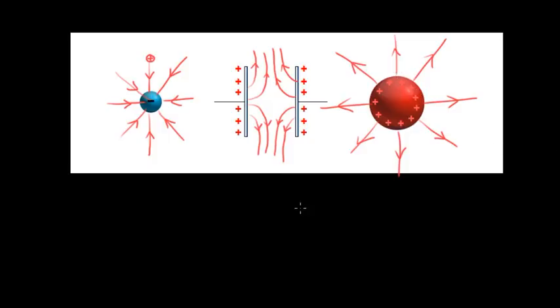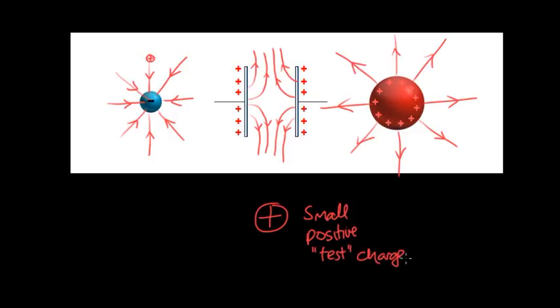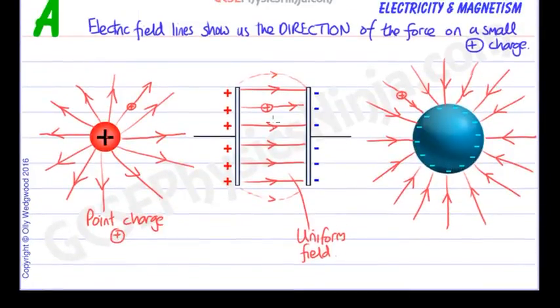If in doubt, remember your friend, which is the small positive test charge. And you can place that in different points in any situation, and the force that positive charge experiences will be the field line at that point.